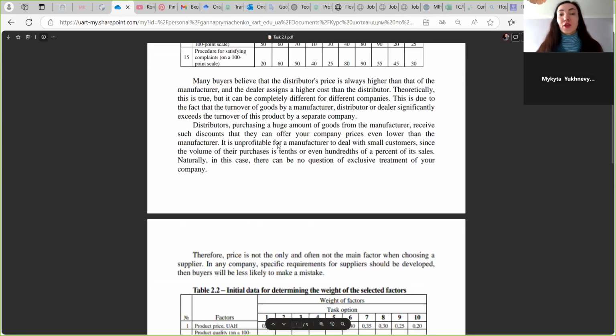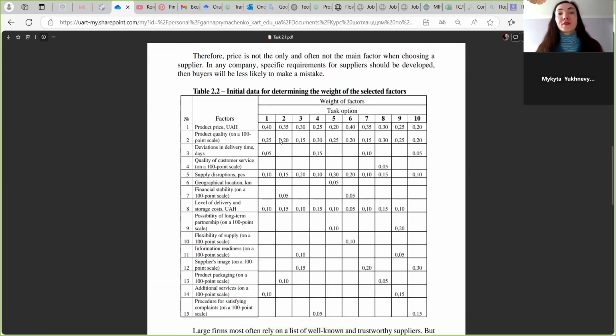We have a special table with the same 15 factors, but we have such parameters as weight of factors. Only for 6 factors for every variant do we have these parameters. For example, for the first variant, it is the first, second, third, and fifth, eighth, and 14th parameters.